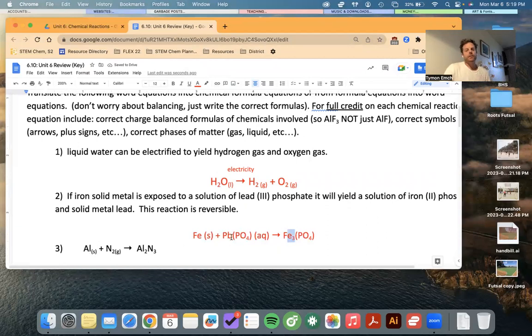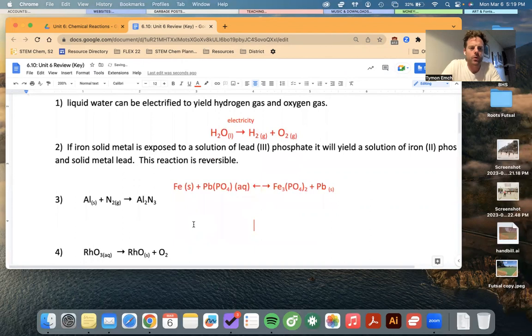I know that the iron is giving up 2 because it says iron 2, and phosphate over here is 3. So to be able to balance those out, I would have to have Fe3, PO4 2, and solid lead. So Pb with some solid right there. Also, it says that this is reversible, so it would actually be something like that. Cool, cool.